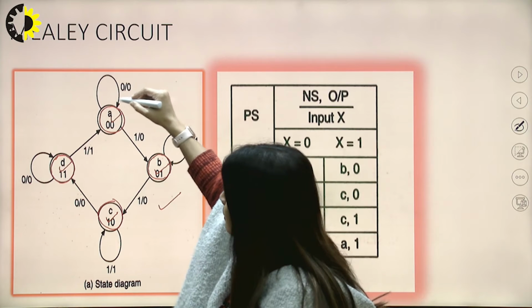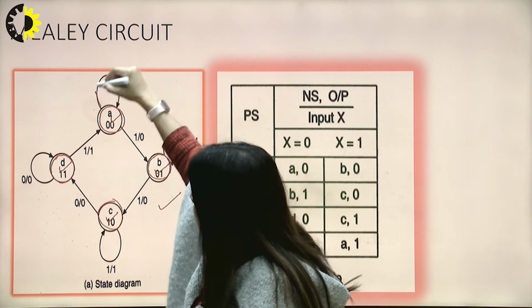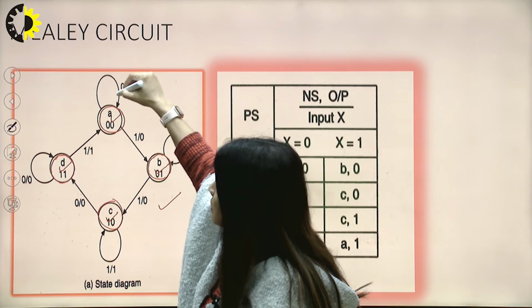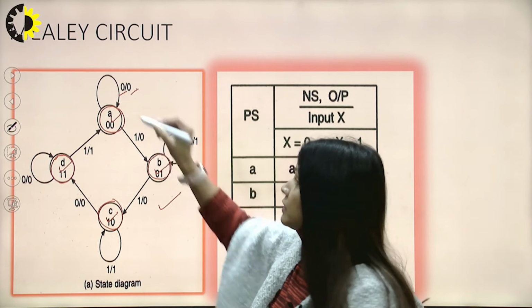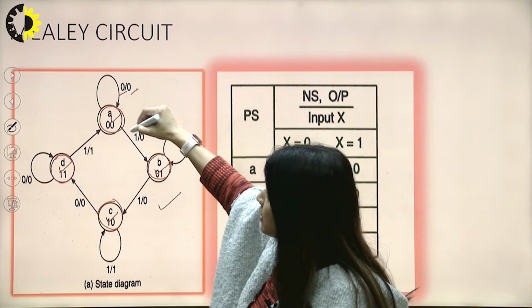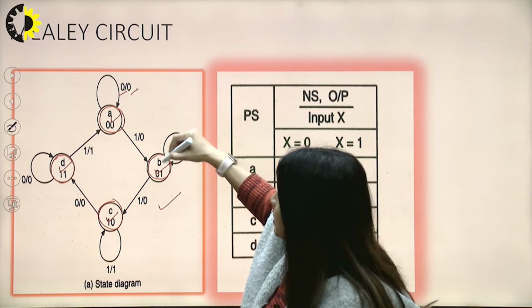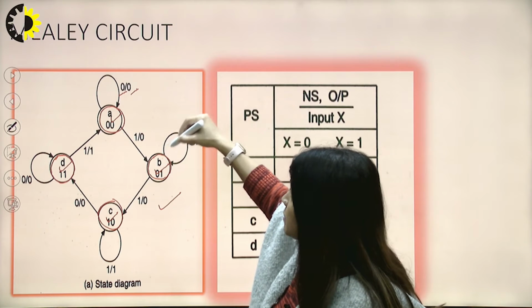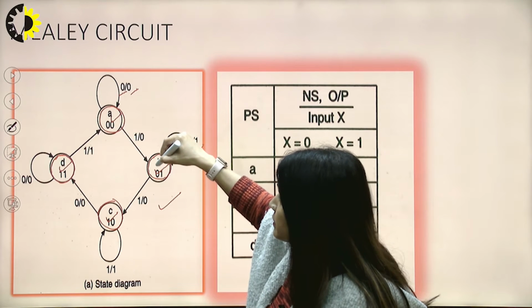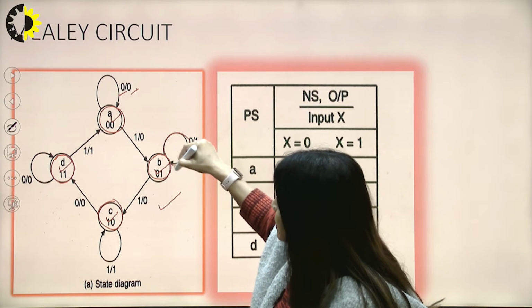Whenever we give 0 input to the state A, the output is 0 and the next state is A. Whenever we give state A input 1, the output is 0 and the next state is B. Similarly, whenever we give B input 0, the output is 1 and B remains in its own state. So that's why we have represented it like this.